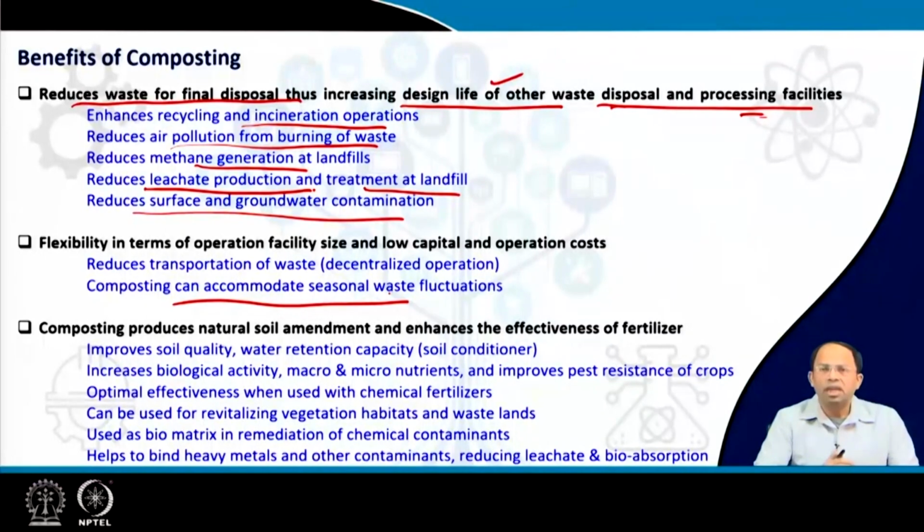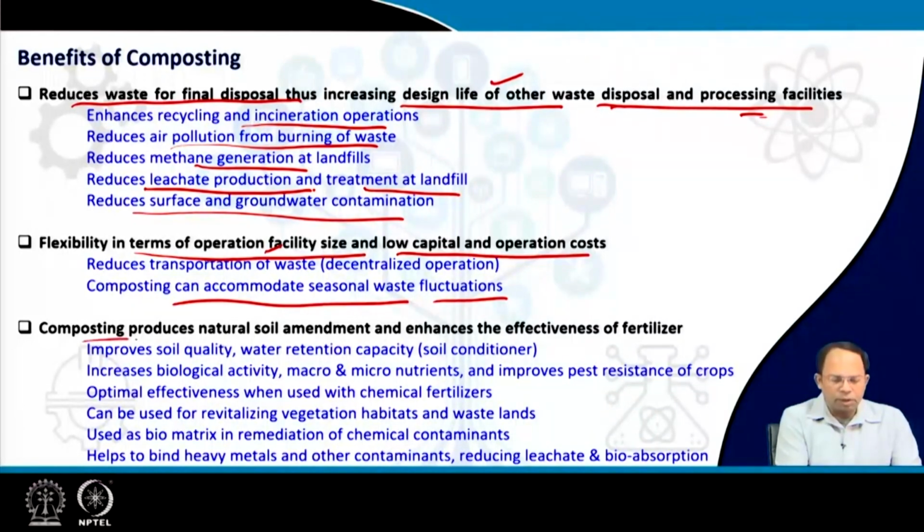Because we are using so many decentralized facilities and also in-house composting facilities, we have flexibility in terms of facility size, and it requires low capital and low operation cost. So it not only takes care of the fluctuations, it also gives us options in an urban area to go for facilities of different sizes.